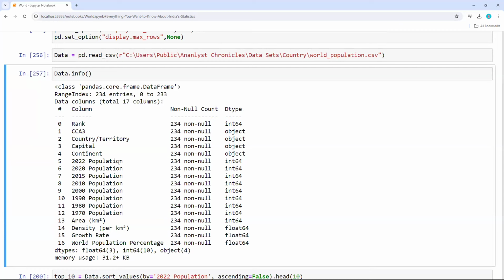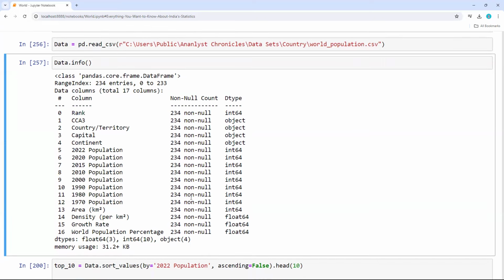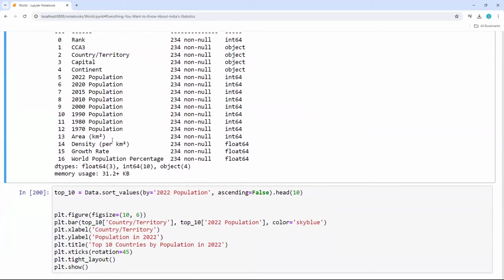I have the data till 2022 only. I do not have it for 2023 and 2024, this is only till 2022. We can also see year-on-year population data, area, density, and growth rate, something like that. So this is my data. I don't want to look at the data for all the countries. I just wanted to know about India.